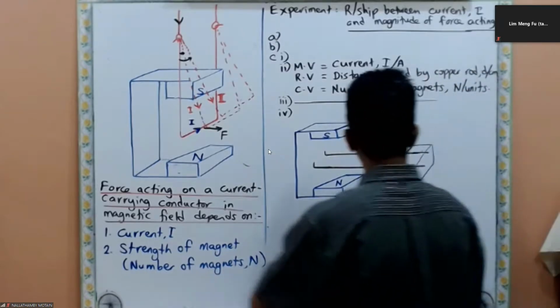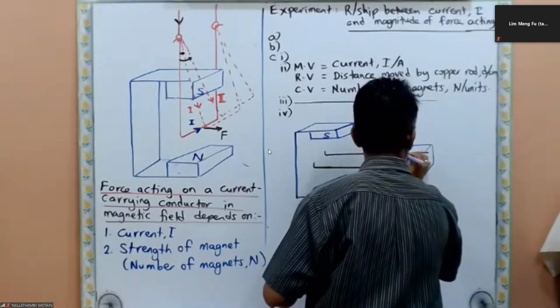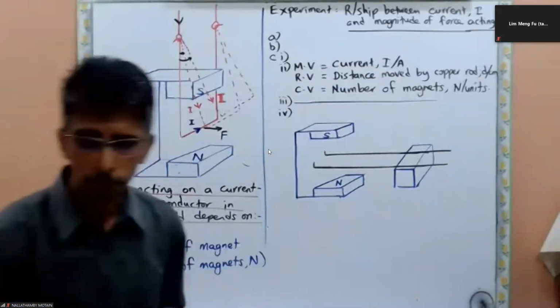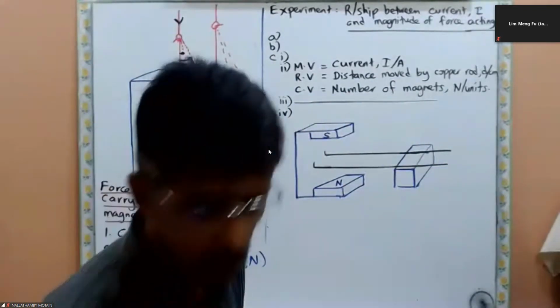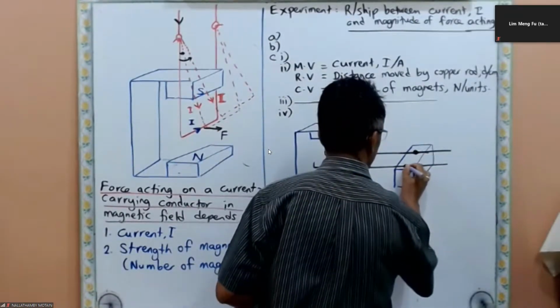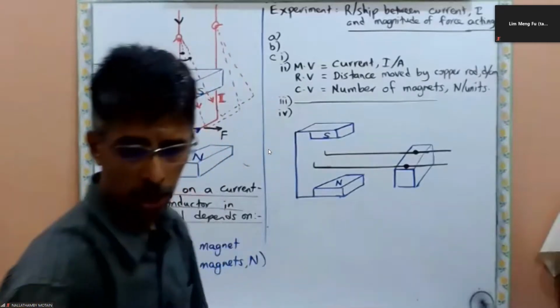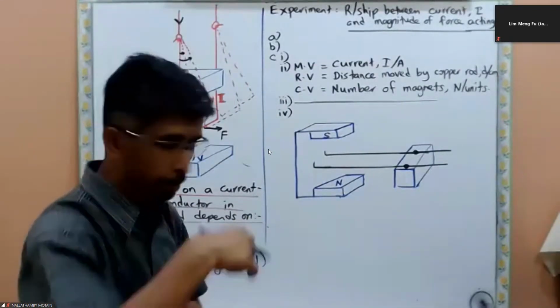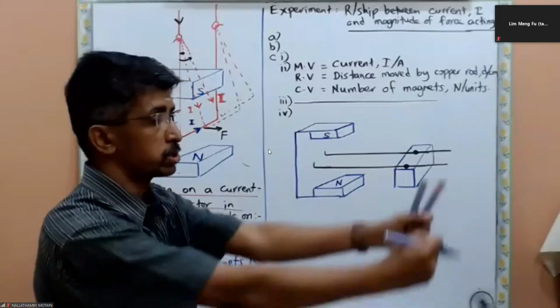And then the thick copper wire, what we need to do is use thumbtack or silicone tape to paste it over here, so that these two thick copper wires can stand straight.